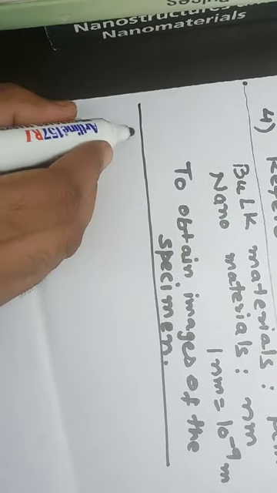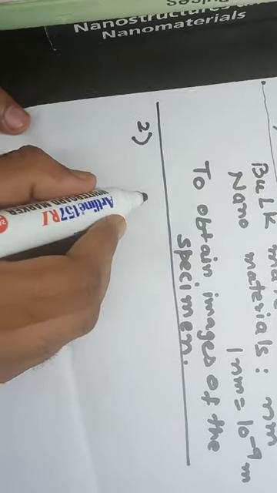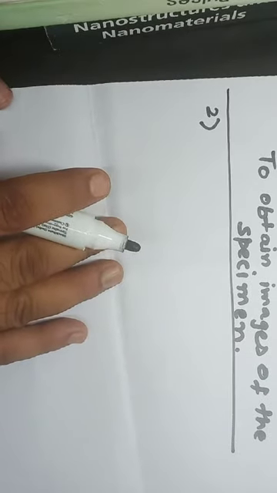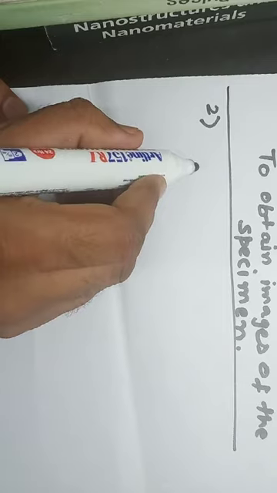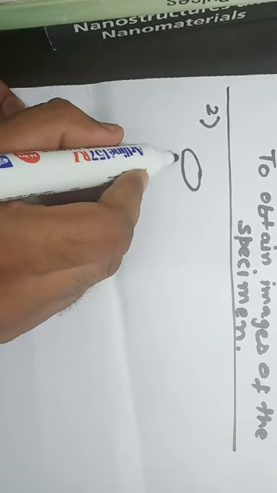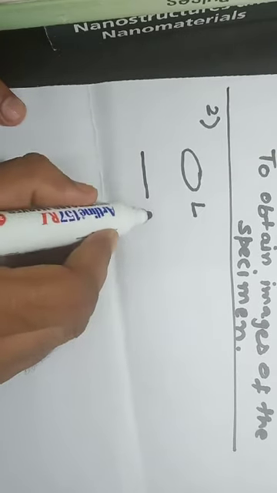Let's understand how an optical microscope works. If you look into the details of the optical microscope, you have an objective lens and a sample. This is the lens and this is the sample.